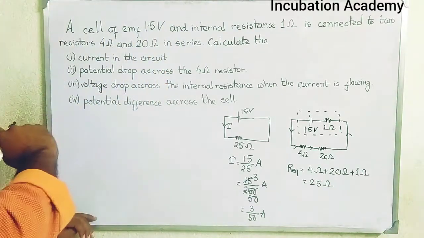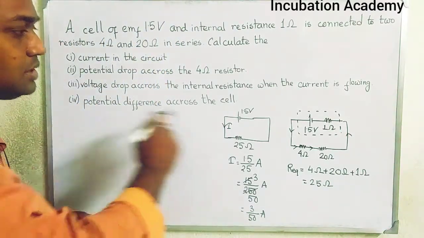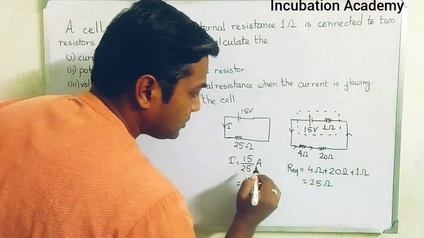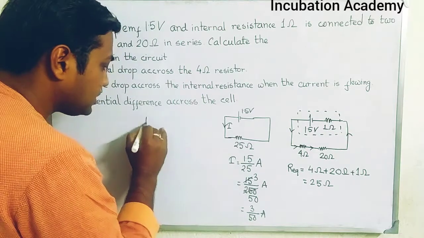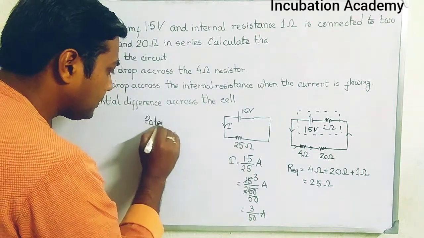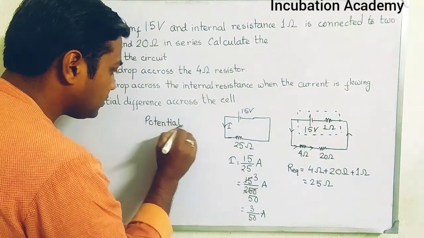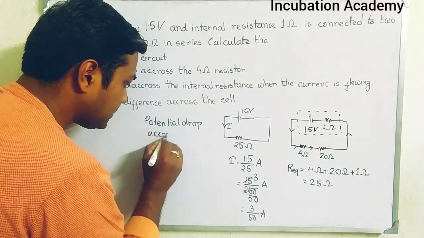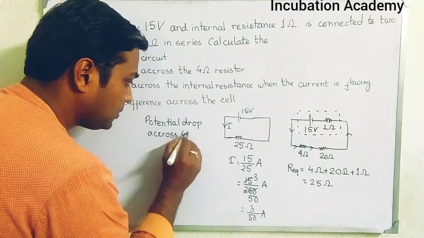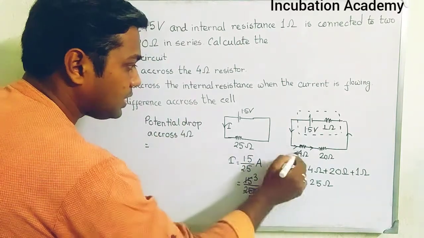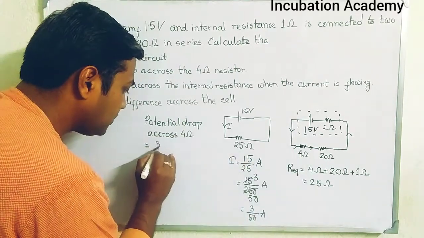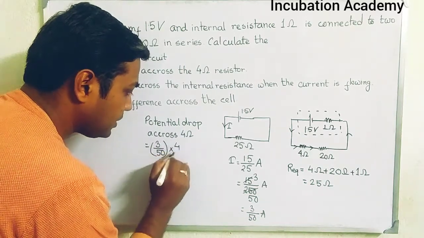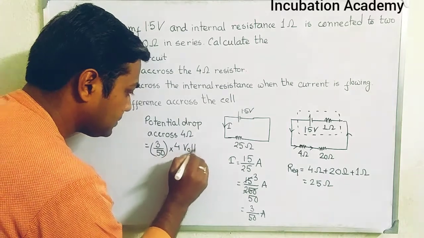Now the potential drop across the 4 ohm resistor. Just see, this 3 by 50 ampere current is flowing through this 4 ohm resistor. So we can say the potential drop across 4 ohm, obviously the current flowing through 4 ohm is 3 by 50, into 4 volt.